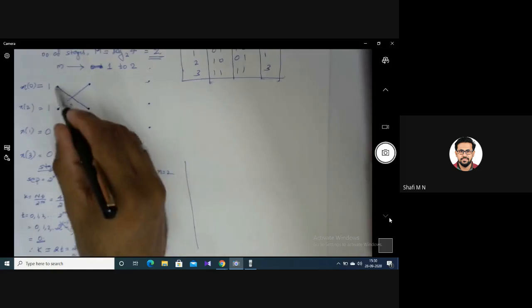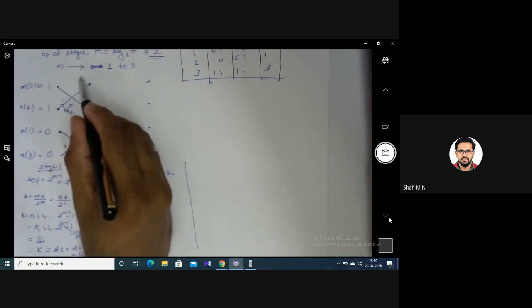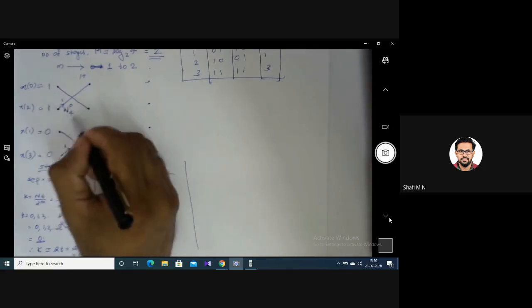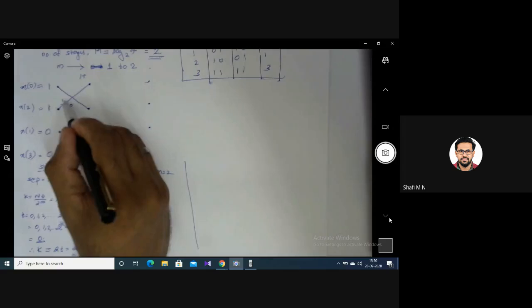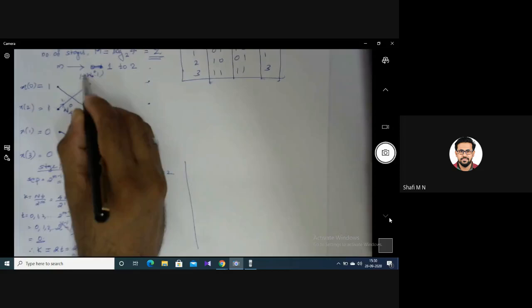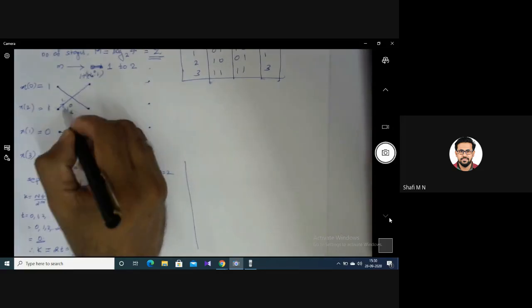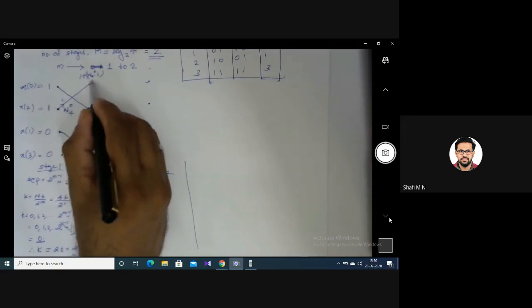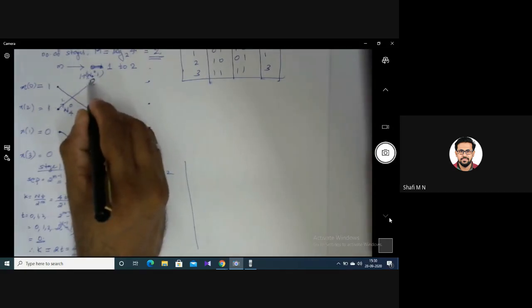So in our case, W4K value is 1. So let me expand it for clarity. A plus B into W4K means 1 into 1 plus 1. You will get it as 2. So this output is 2.